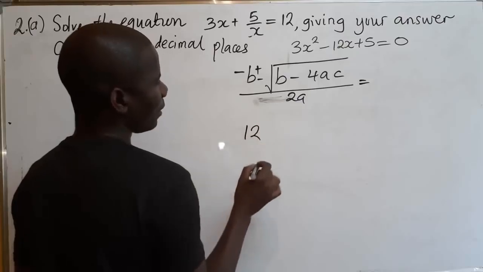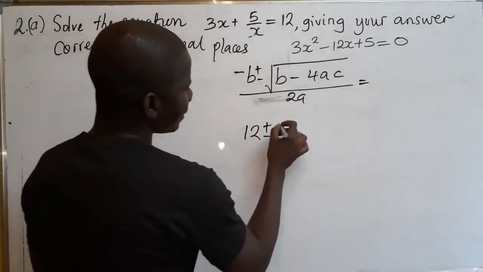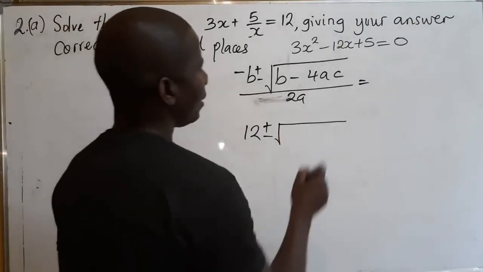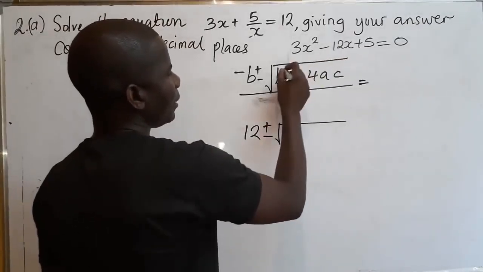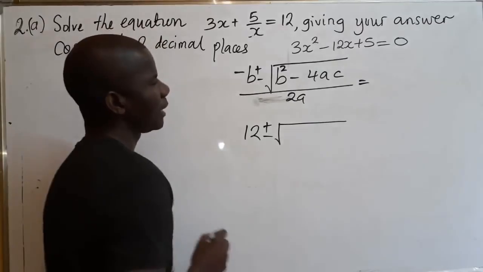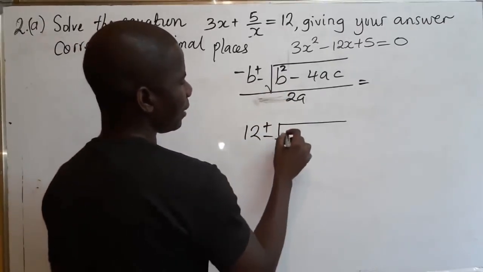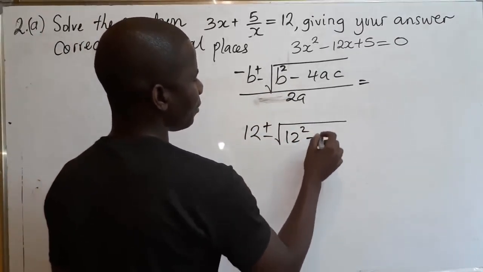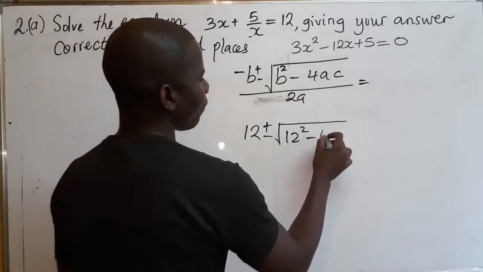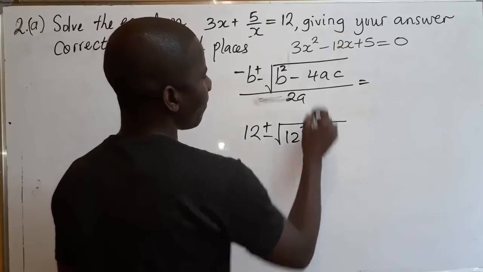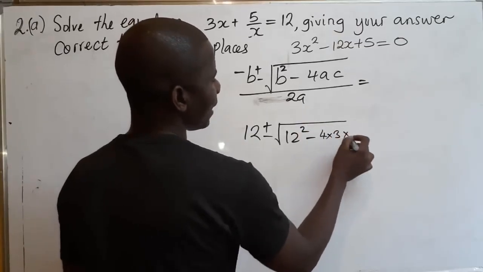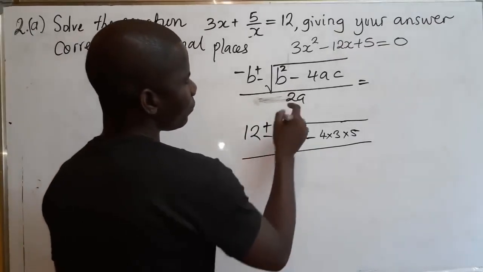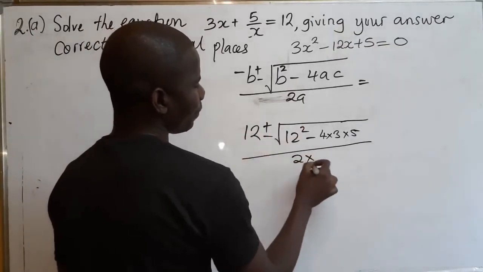Okay, we're going to have 12 plus or minus the square root of, this is supposed to be squared, take note of that, 12 squared minus 4 multiplied by a, which is 3 multiplied by 5 there, over 2 multiplied by 3.